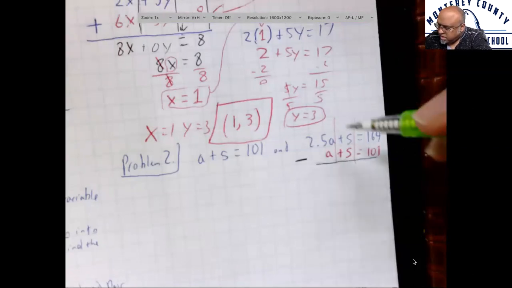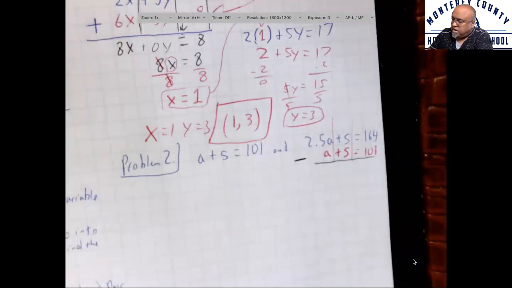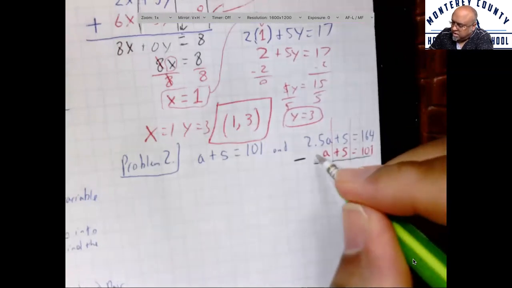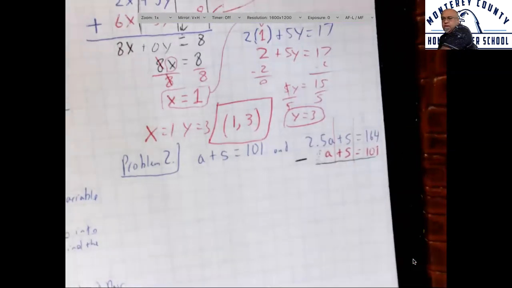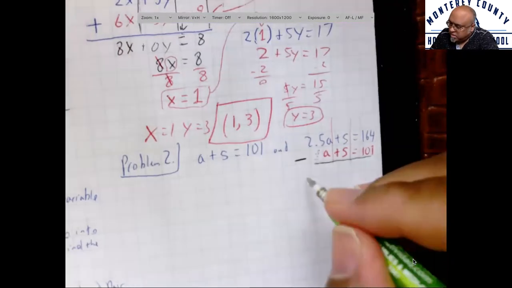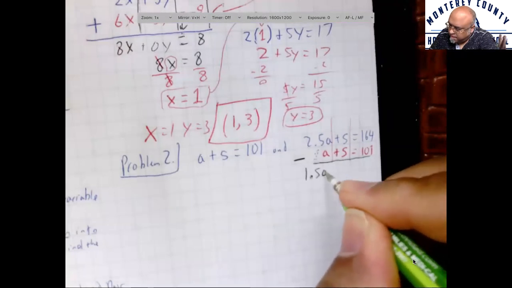Okay? Now, remember, anytime a variable does not have a number in front of it, it has a ghost 1. Okay? So 2.5a minus 1a would be 1.5a.